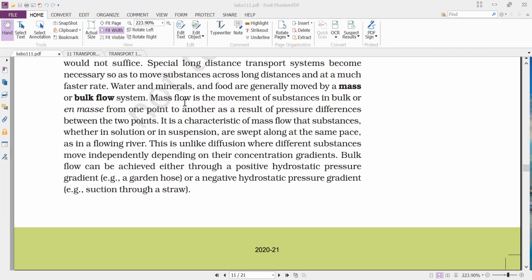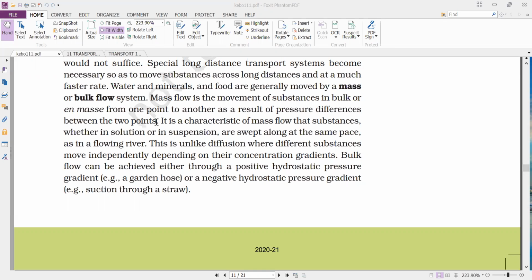Mass flow is the movement of substances in bulk or en masse from one point to another as a result of pressure difference between the 2 points. That is what is meant by mass flow or bulk flow. Mass flow is the movement of substances in bulk.